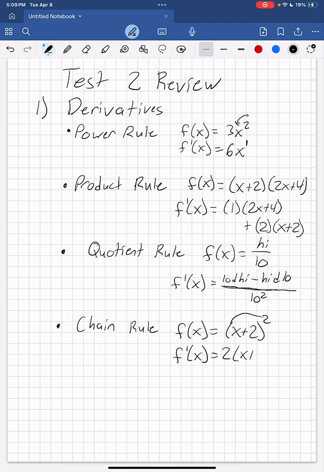I copy my inside function, and then I subtract 1 from the power to make my new power, which would be 2 minus 1 is 1. But then with the chain rule, I have to chain on the derivative of the inside function at the end. The derivative of x plus 2 is 1. Again, don't do any algebra simplification. That's a fine enough answer for me. So those are the 4 basic derivative rules that will be on there.